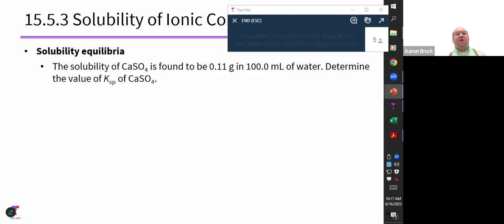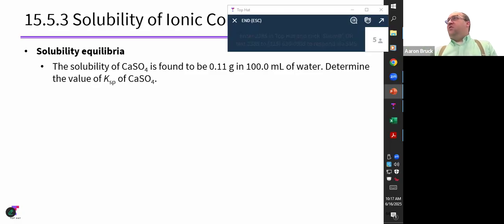So, for example, the solubility of calcium sulfate. Calcium sulfate was one of those ones that we identified in Chem 105 as an insoluble salt. Well, turns out it is actually soluble to a little degree. 0.11 grams per 100 of water.